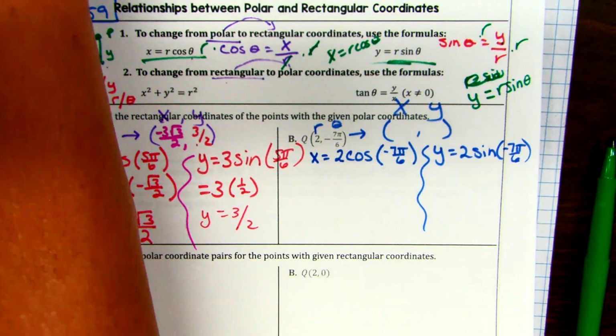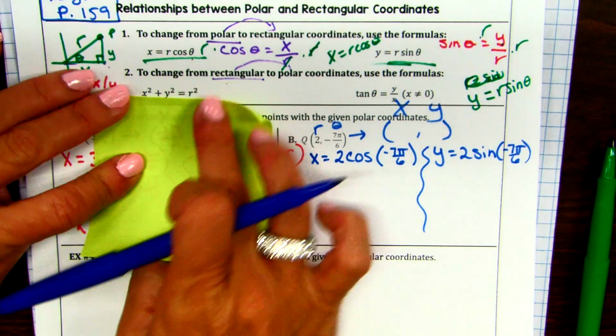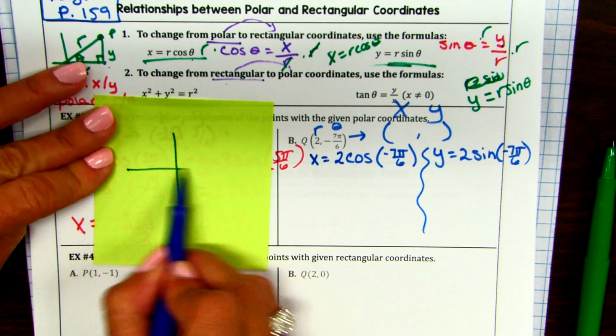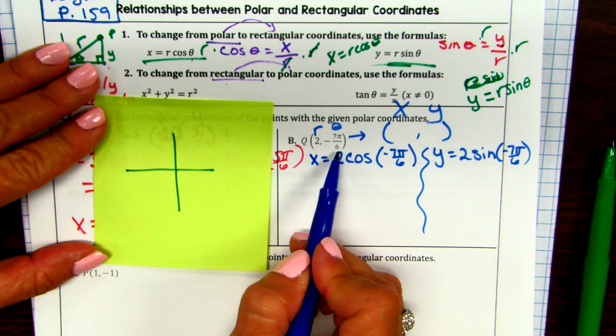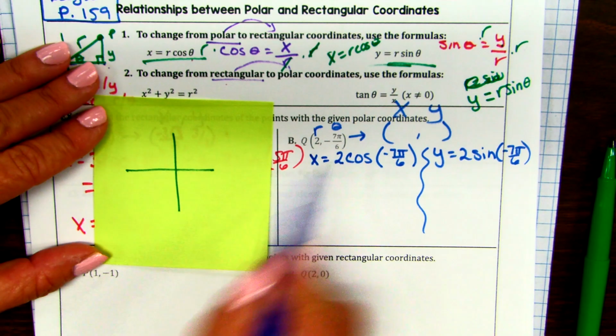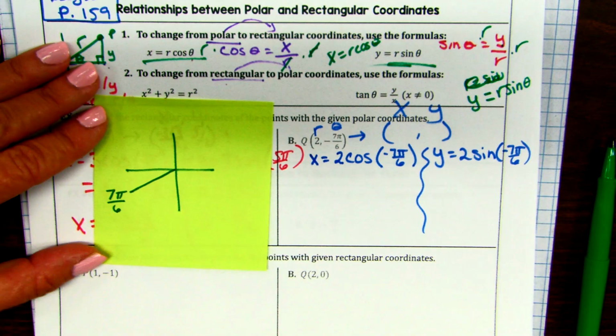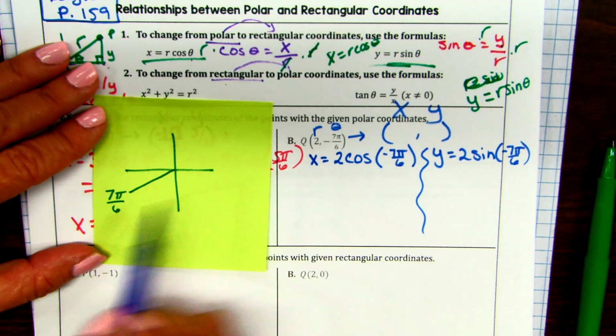So we have to remember, and we went over it yesterday, we've talked about negative angles a few times. Remember, to find a negative angle, think about where it is positive. 7 pi over 6, I quickly know that that's in quadrant 3, because the numerator is 1 more than the denominator. So positive 7 pi over 6 is right here.